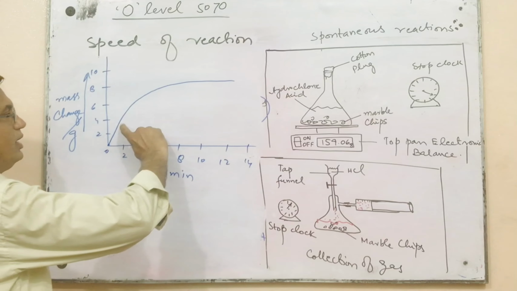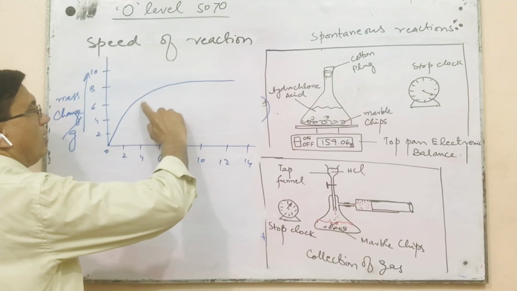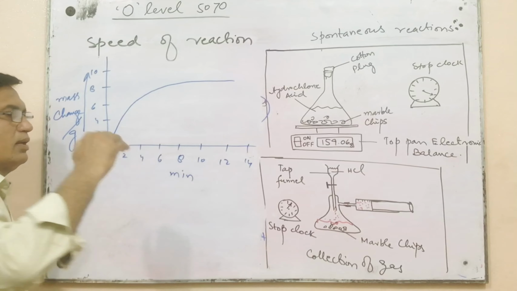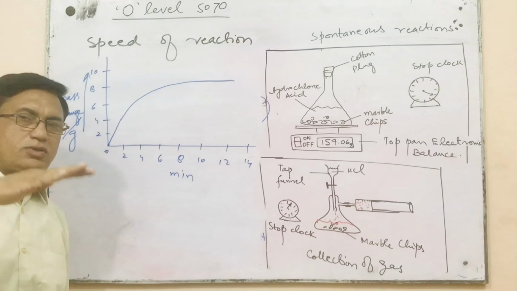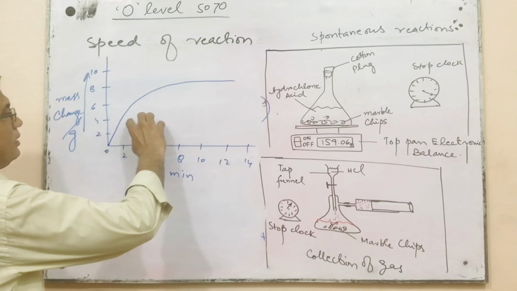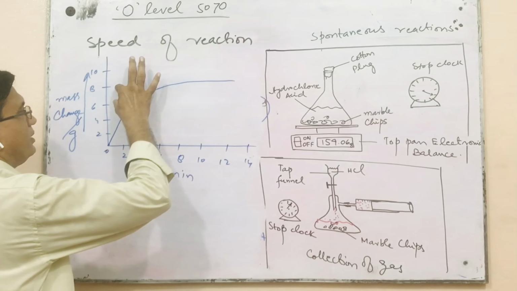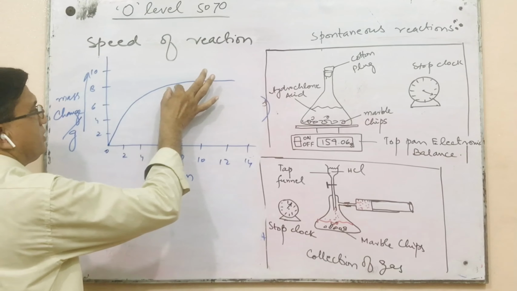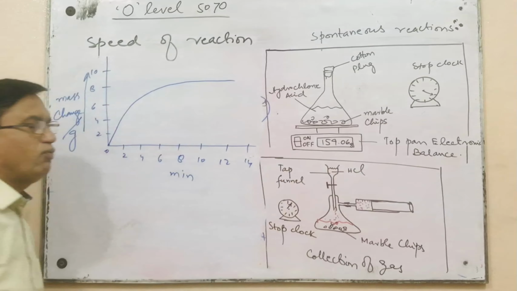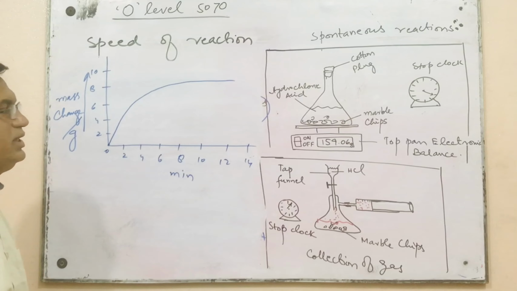But as time moves on, the concentration of the reacting substances will decrease, and the rate of reaction will become slower, and automatically the change which takes place in the mass of the reaction contents will also decrease.